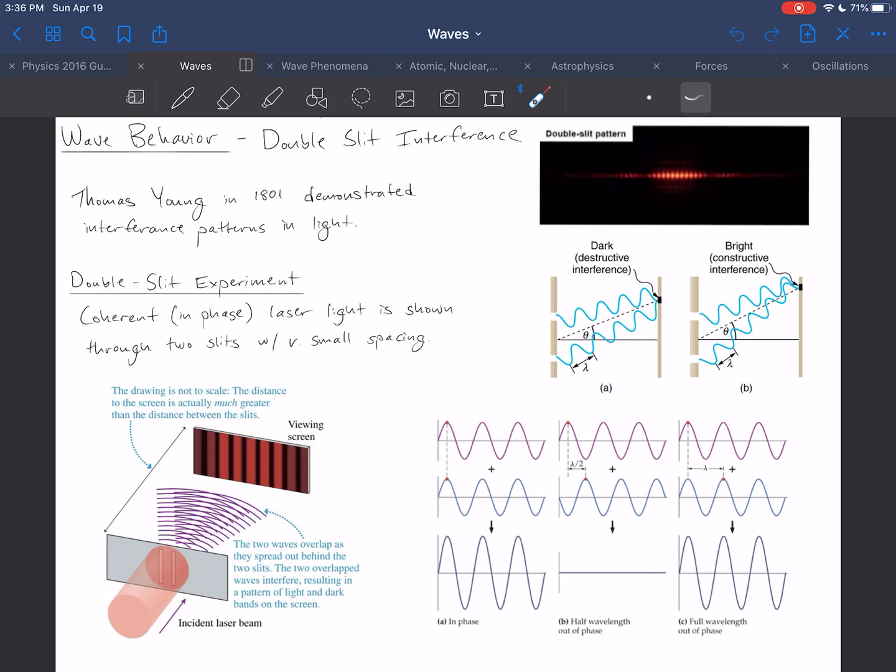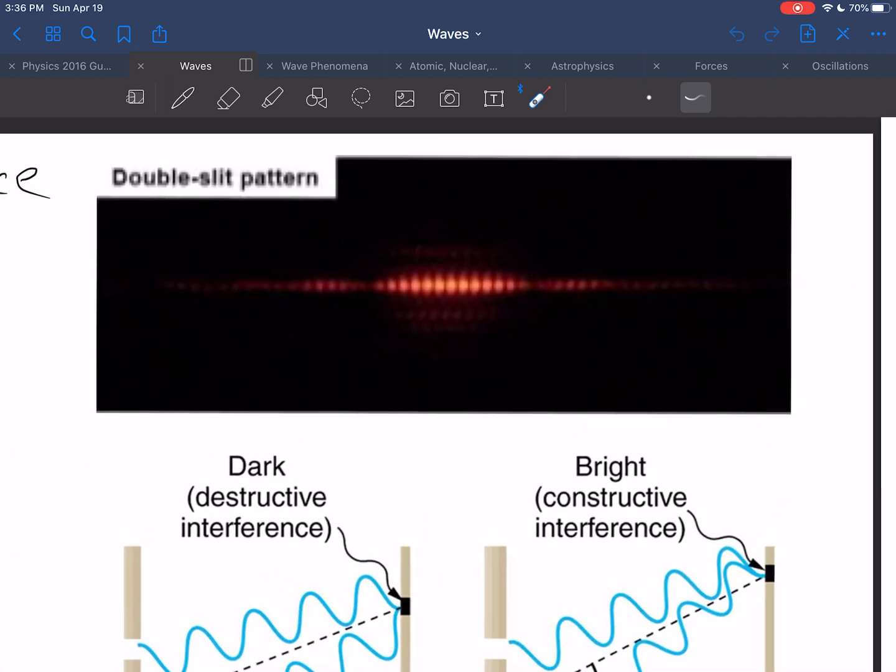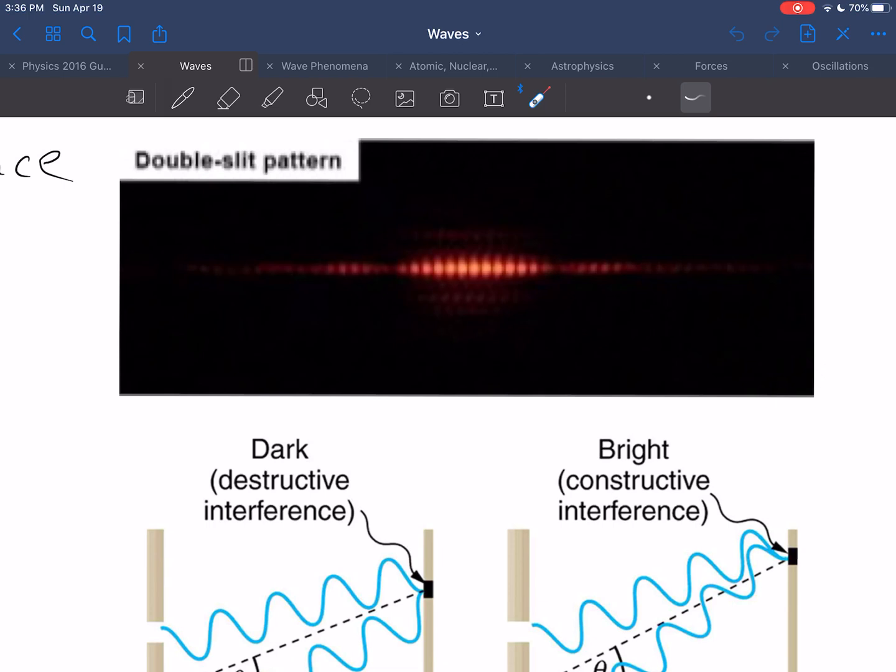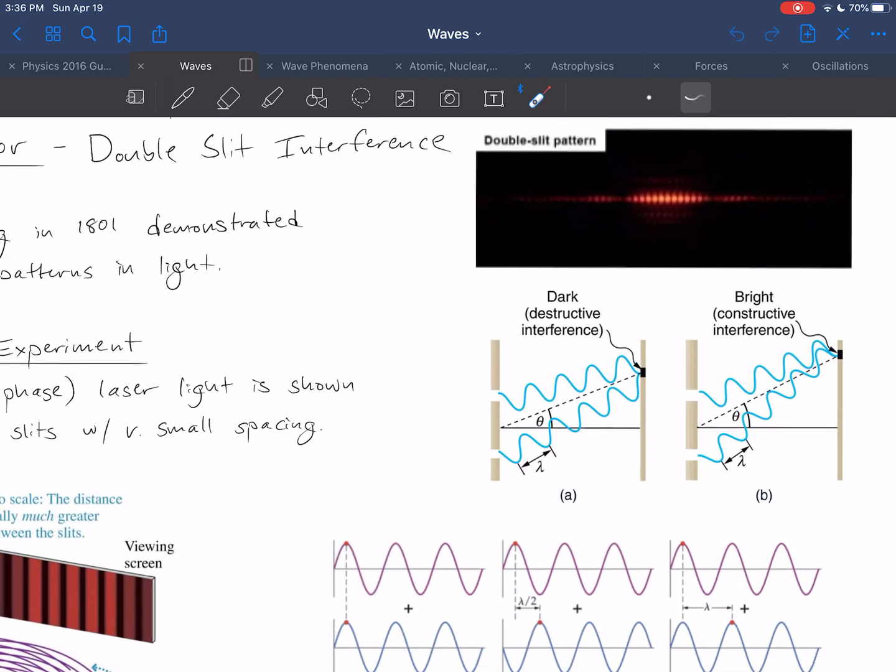And what you see is, in fact, bright lines or bright fringes, more than just two of them. You see quite a few of them, depending on your setup. In particular, this image right here captures what those fringes look like. You see bright spots closely spaced to one another on the back wall in this characteristic double slit fringe pattern.